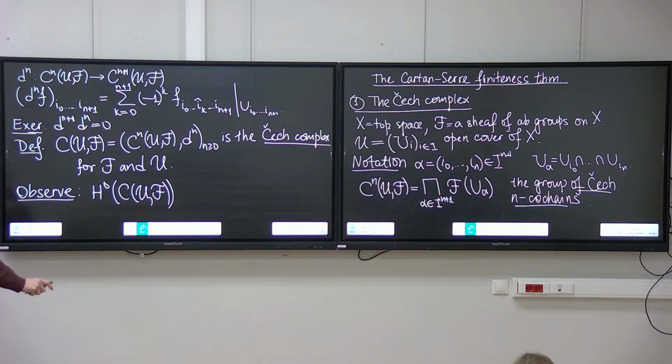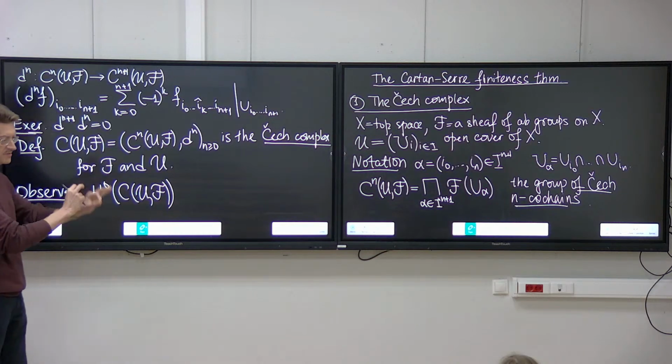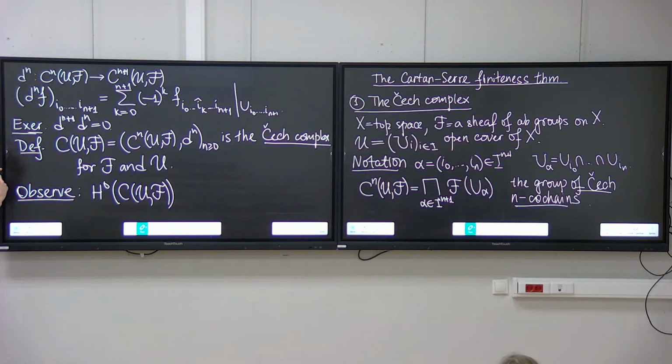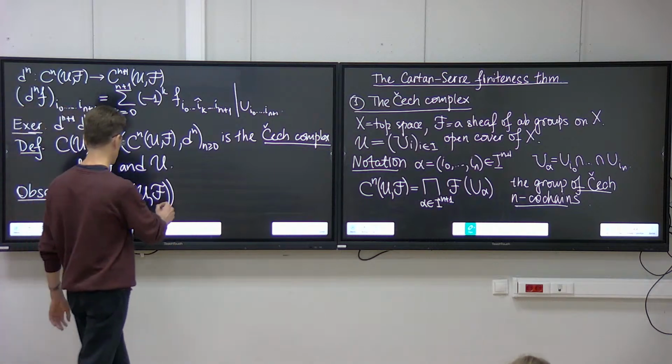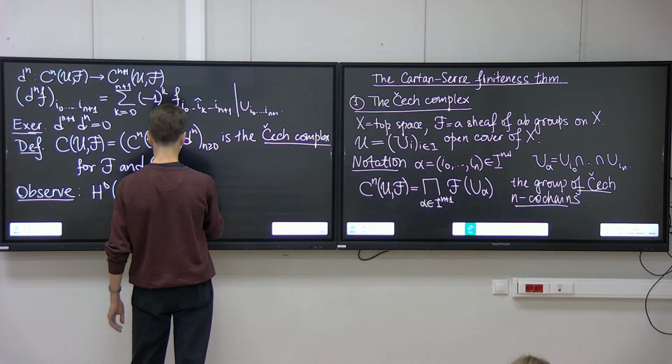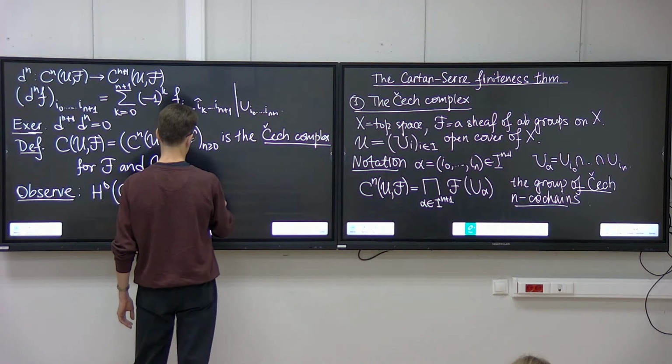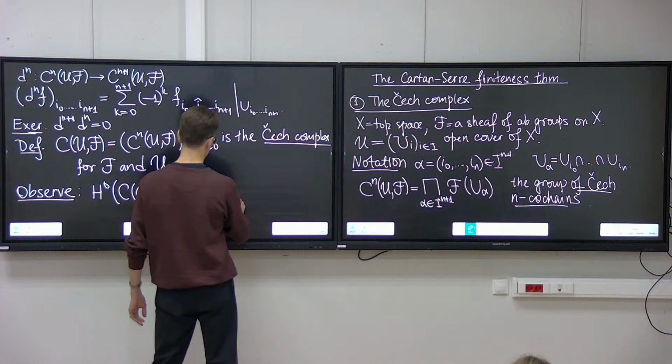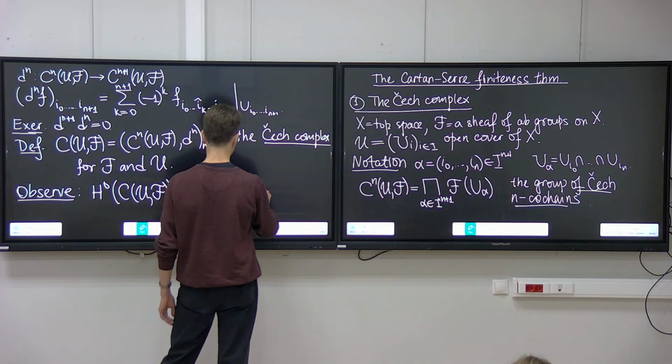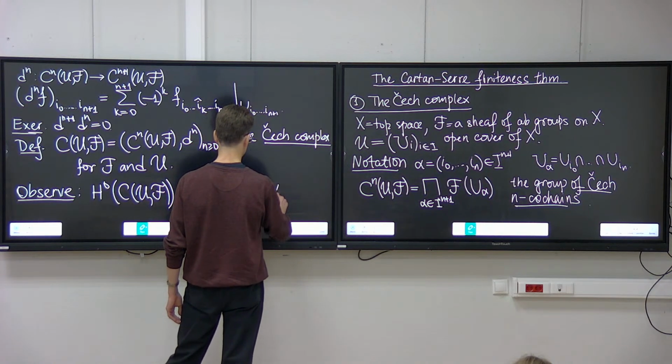So D^0 acts from the product of sections over all elements of our cover, F of U_i, and the kernel consists exactly of those elements of this product which agree on all the intersections. And just by the definition of a sheaf, this is nothing but the space of sections of F over X, or in other words, this is the zeroth cohomology of F.